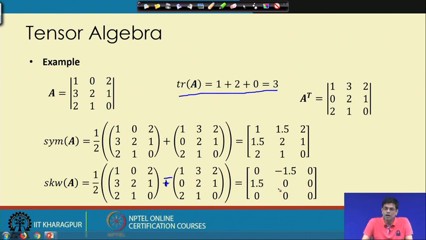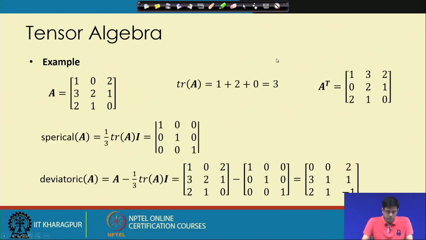Because the off diagonal elements are negatives of each other, that is Aij equals minus of Aji, and all the diagonal components are 0. So this is an example of a tensor that we can write in skew symmetric and symmetric form.